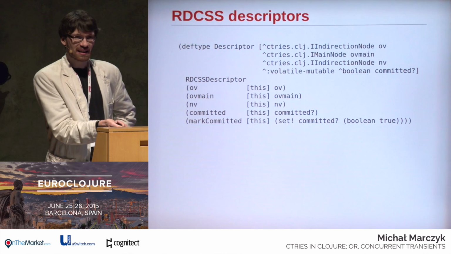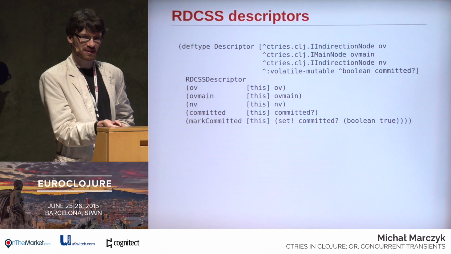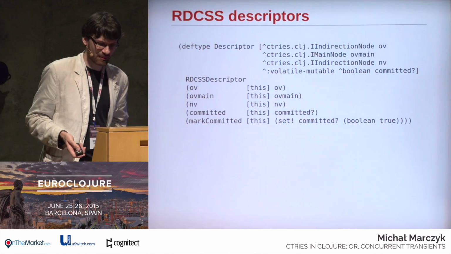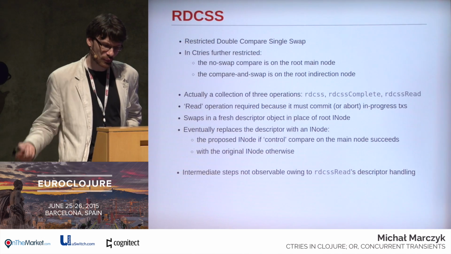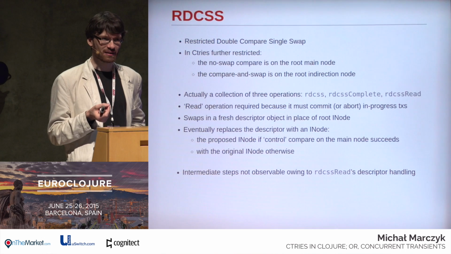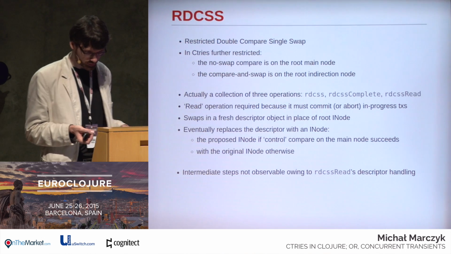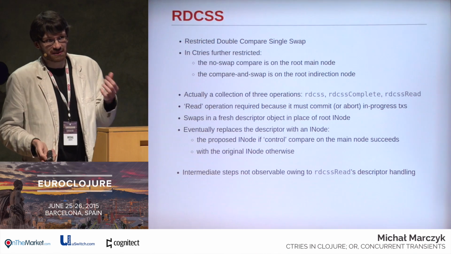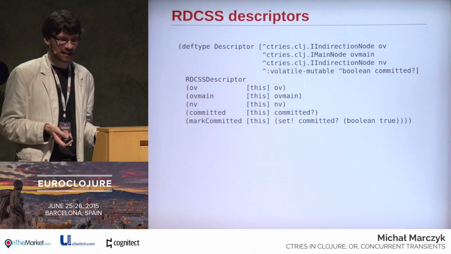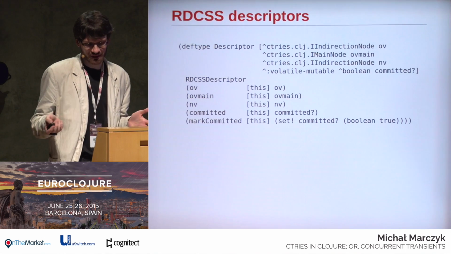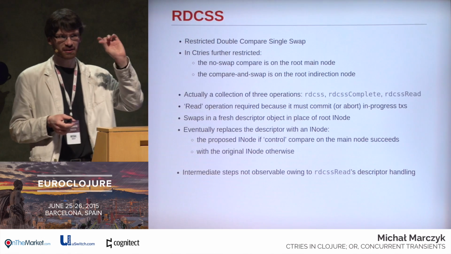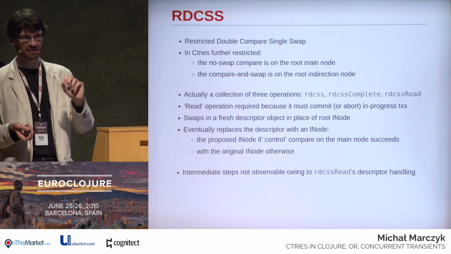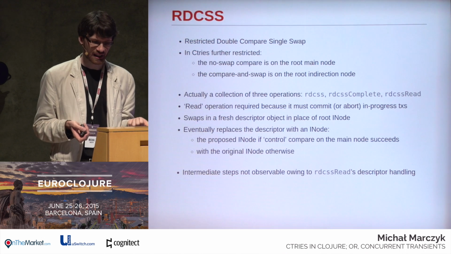So the main node here acts as the control datum, and the indirection node is the data part of the operation. So this gets swapped in place of the root inode. And then an attempt is made to perform some further CAS operations, and if those succeed, and they may not necessarily succeed, then the descriptor is replaced with the new inode, the proposed inode again. If they fail, then it is replaced with the old inode.